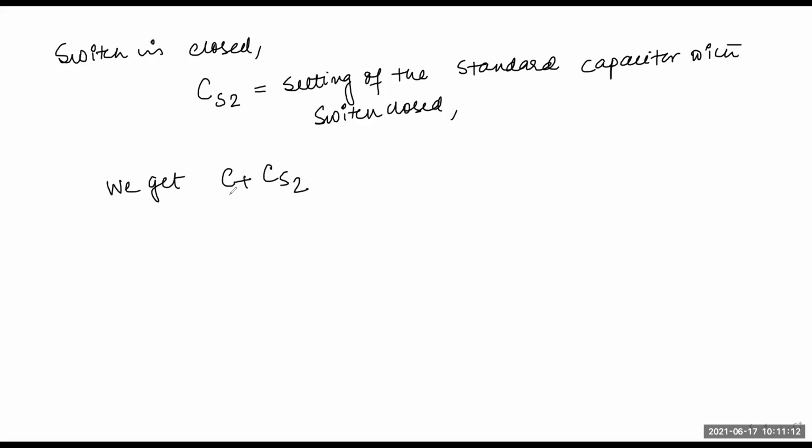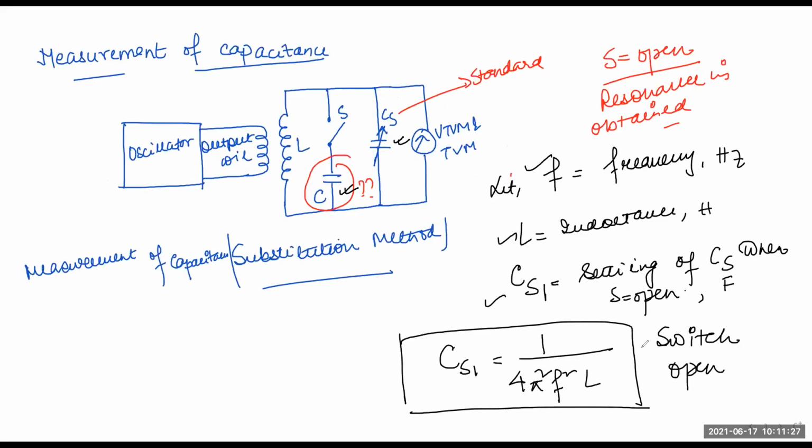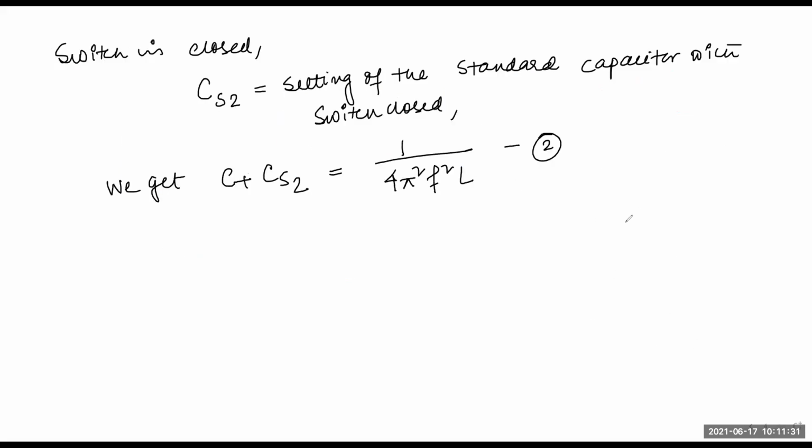C is my unknown capacitance, and CS2 is my setting of the standard capacitor with the switch closed. That will be equal to 1 by 4 pi square F square L. This is my equation 2. Previously, equation 1 was with the switch open, and this is equation 2. Now, solving these two equations, we can get the value of the unknown capacitance. So what is that?